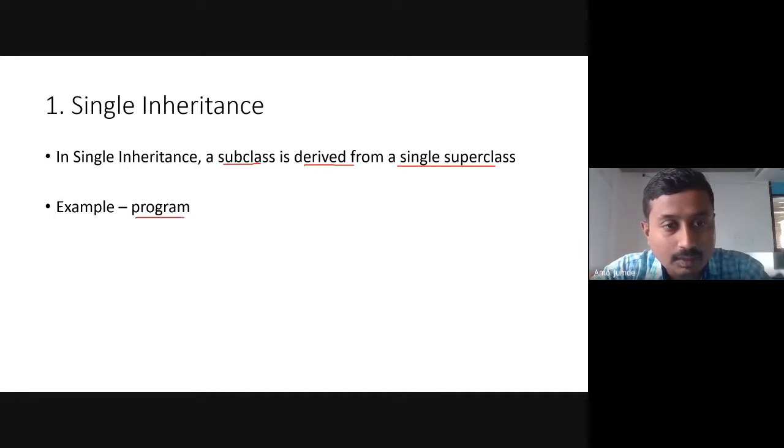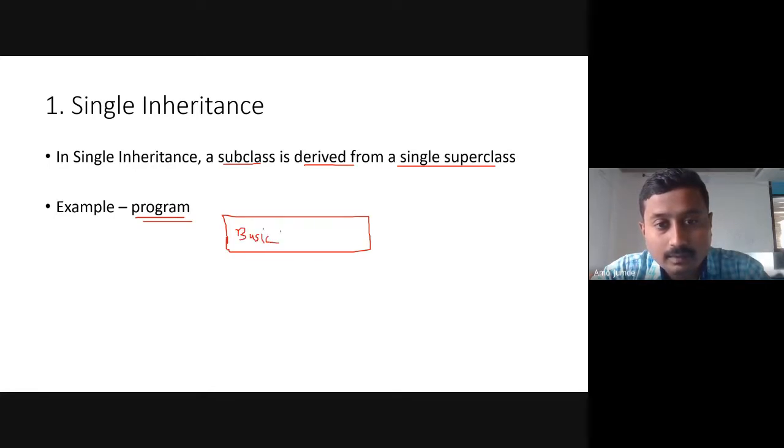In this program, there is an existing class called basic arithmetic operation. Here we have defined two methods, add and subtract.